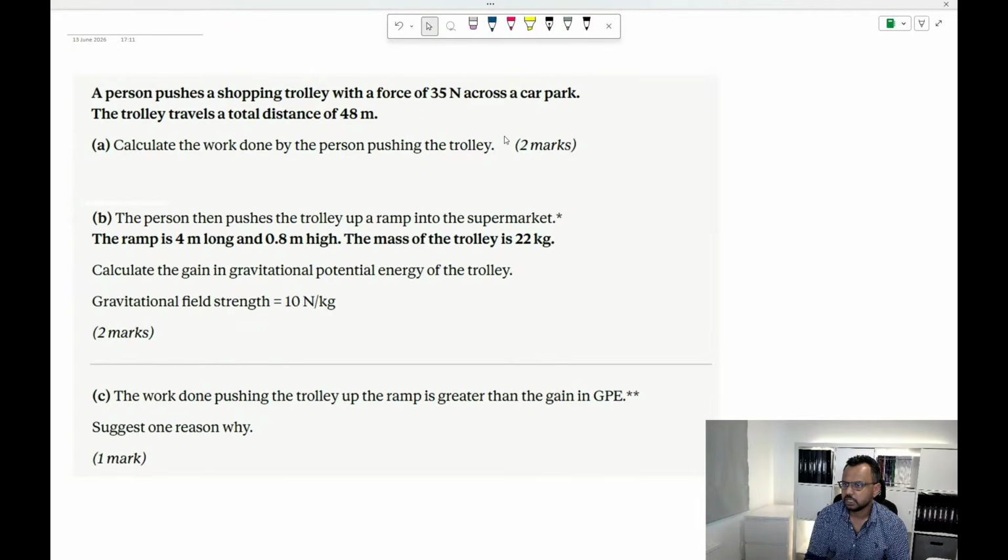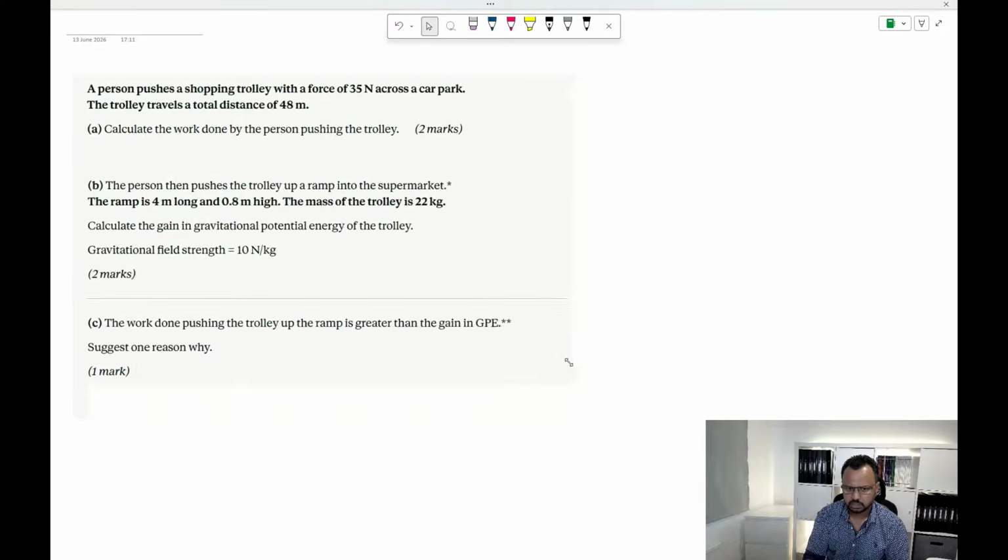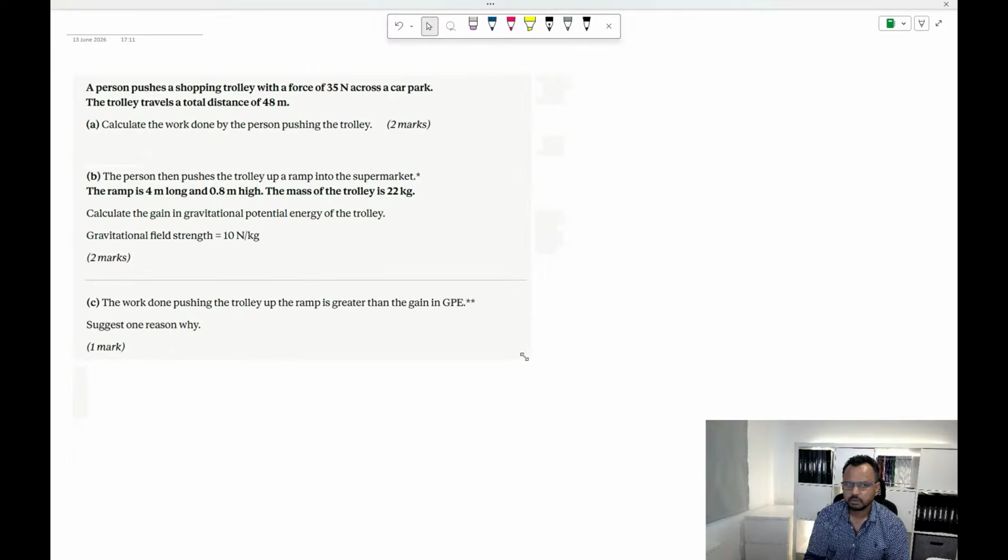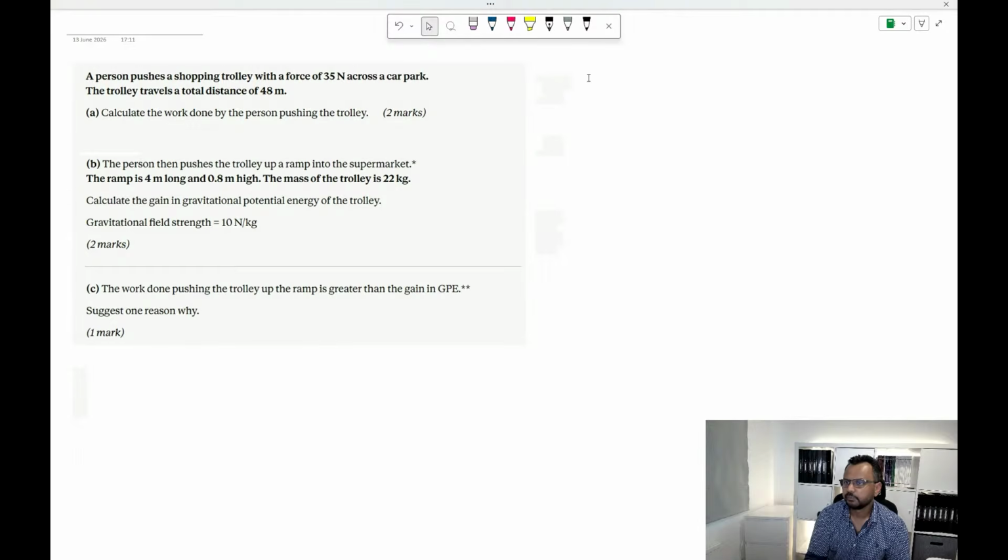The trolley travels a total distance of 48 meters. Now here's the trolley. The force exerted is 35 newtons and the distance it travels is 48 meters. Now, calculate the work done by the person.